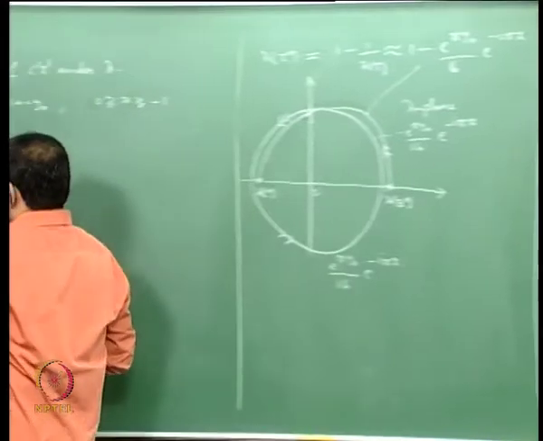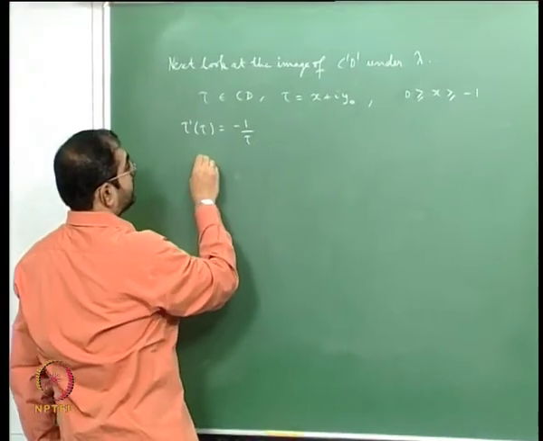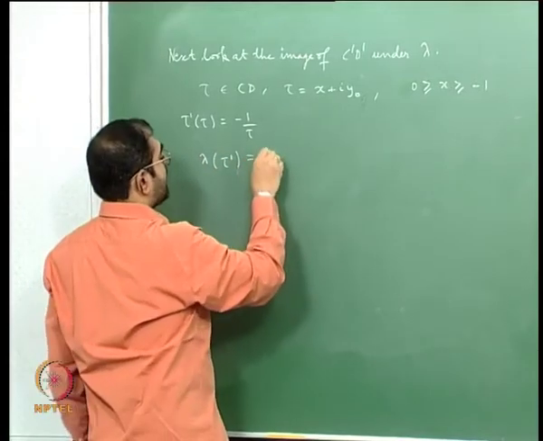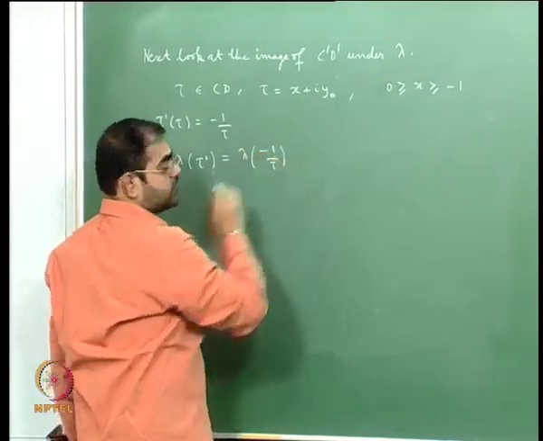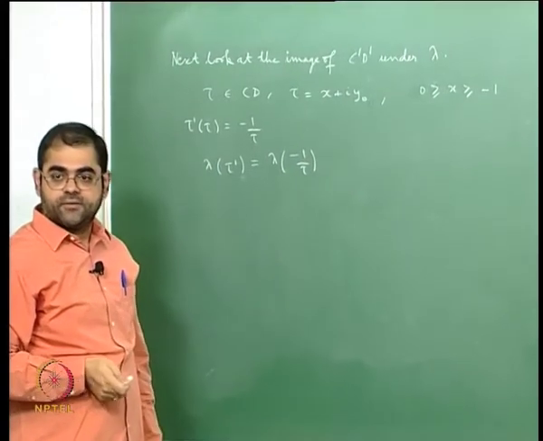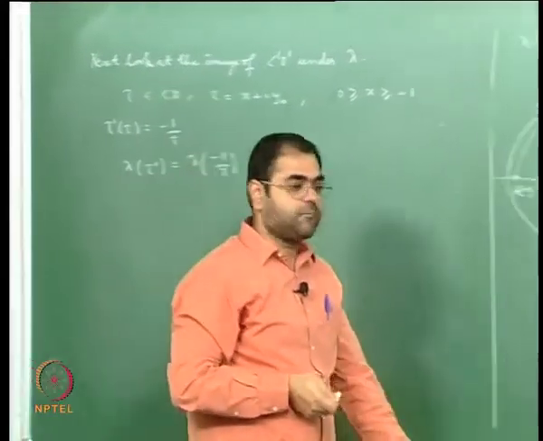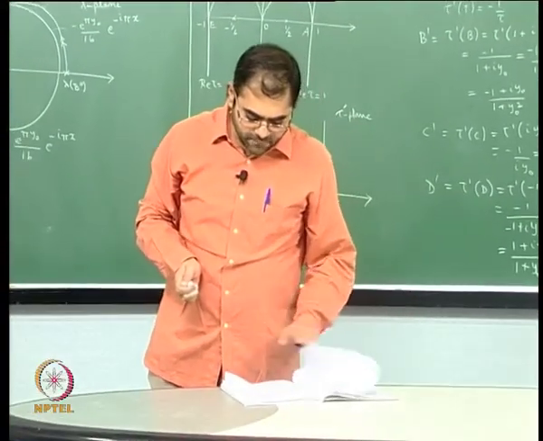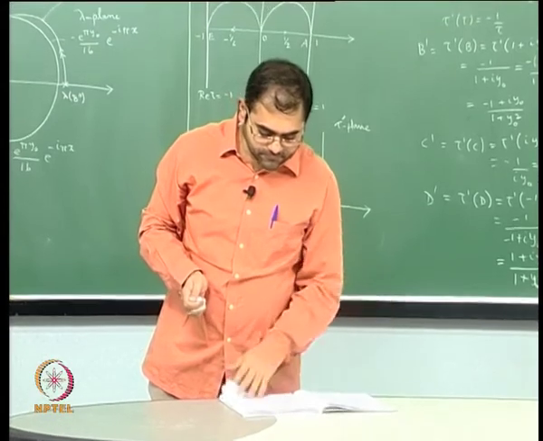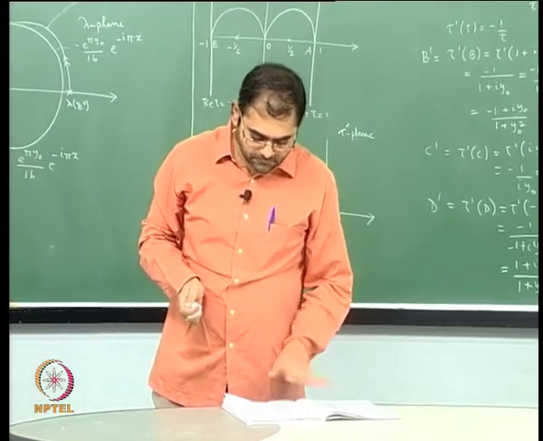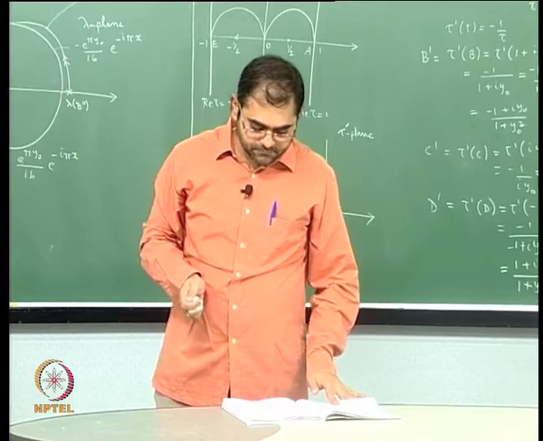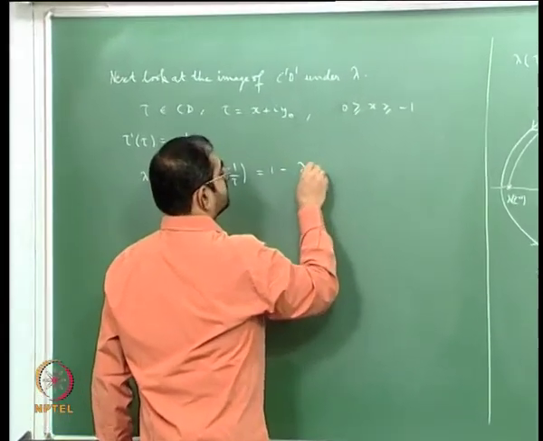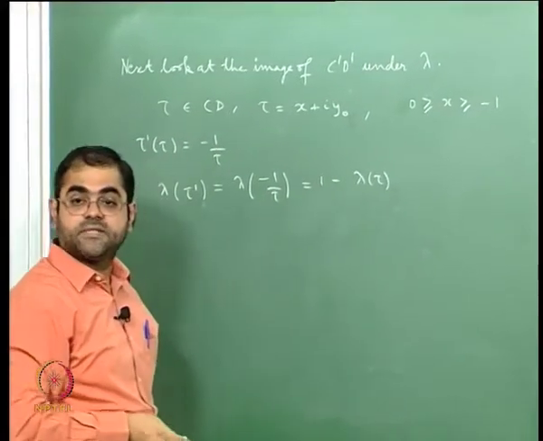So lambda of tau prime will be lambda of -1 by tau, and again I use the functional formula. Lambda of -1 by tau is 1 minus lambda of tau.